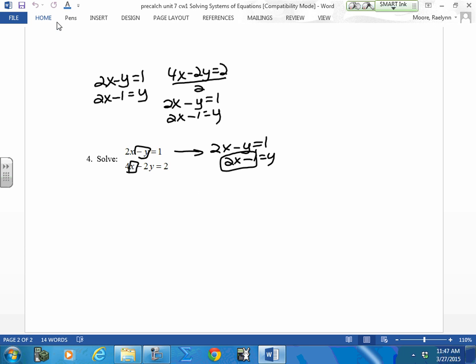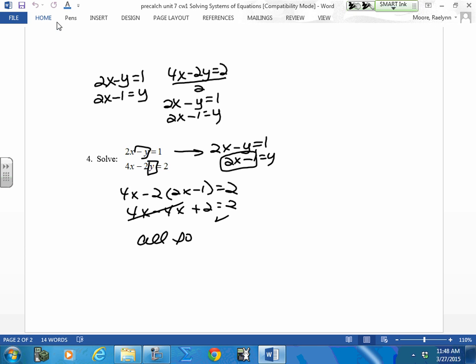I'm going to substitute into y. Sorry about that. So we're going to 4x plus 2. These come out, and 2 is equal to 2. So if that's a true statement, then you have all solutions. You have infinite solutions. Negative infinity to positive infinity. You don't have to check anything else.